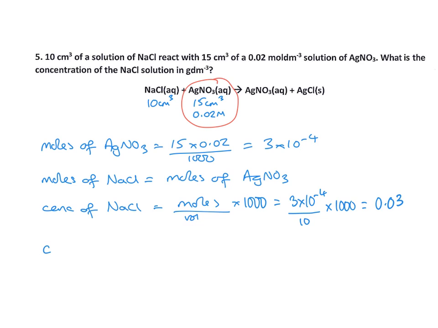Then we want to change it into grams per decimetre cubed. So we simply times the concentration in moles per decimetre cubed by the MR, which in this case is 58.5.